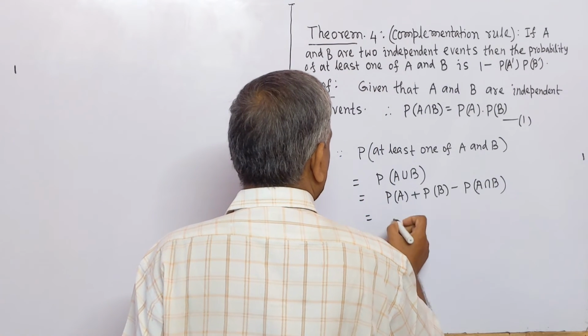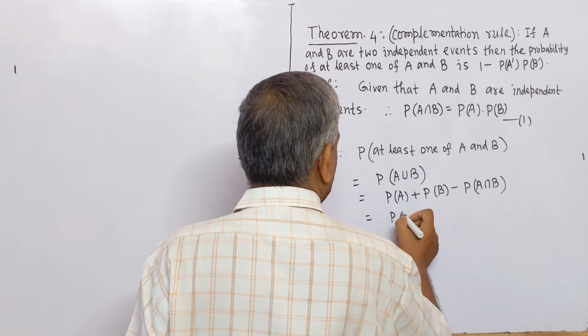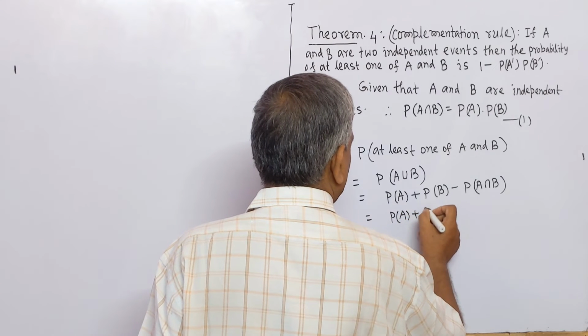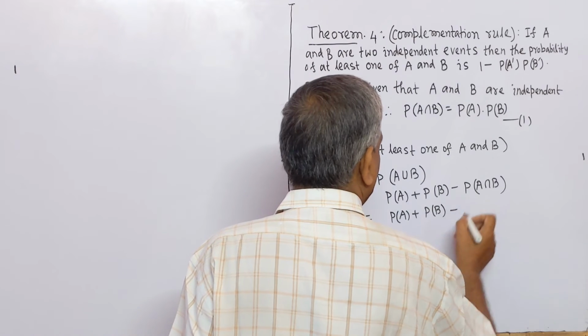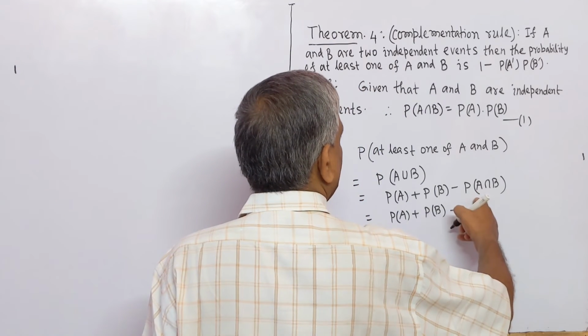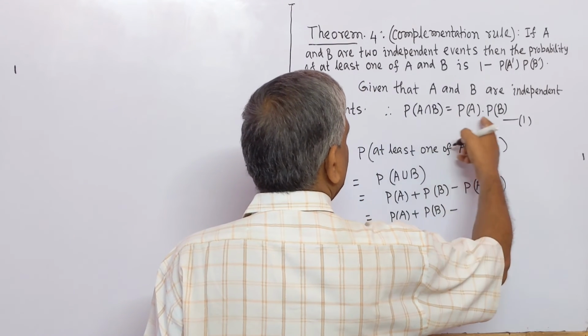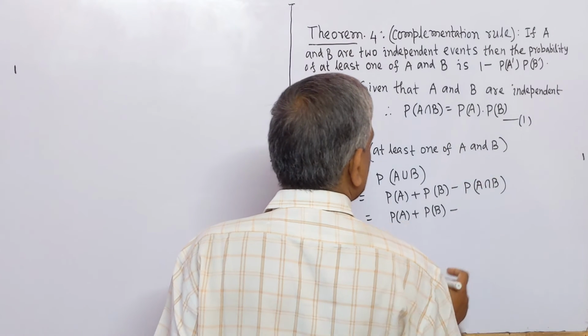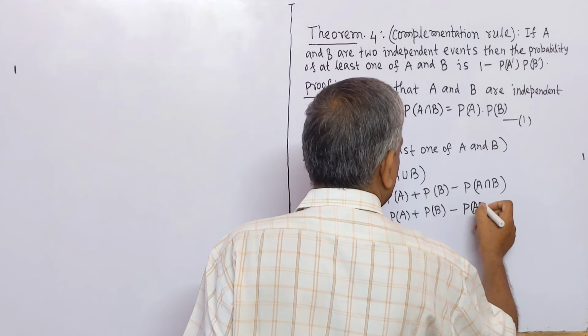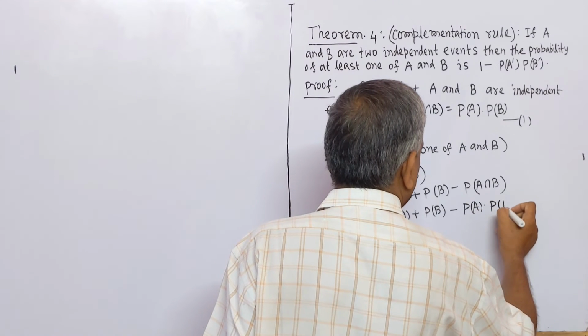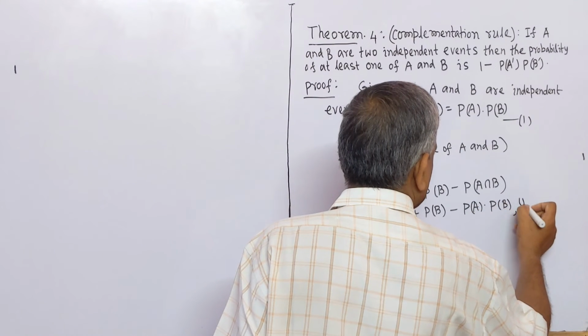This equal to probability of A plus probability of B minus, here A and B are independent events, so using 1, this equal to PA multiply PB.